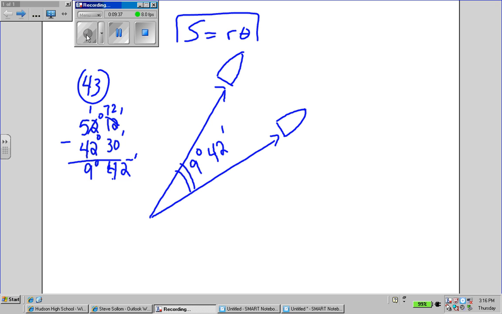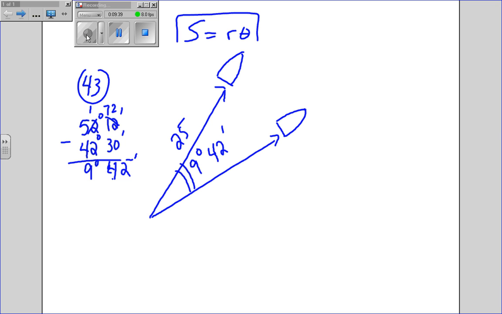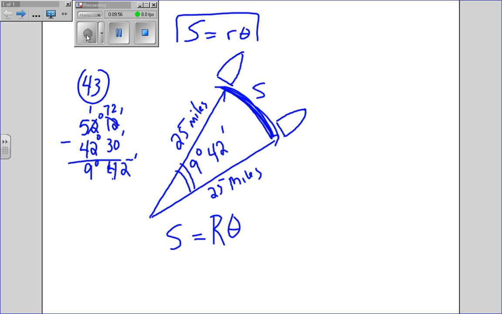From there, it says the boats have traveled 25 miles so far. They're going the same speed. So we're basically finding the distance right here between them, which we will call S. So since S equals R theta still, we simply type in 25 times, now theta has to be in radians.